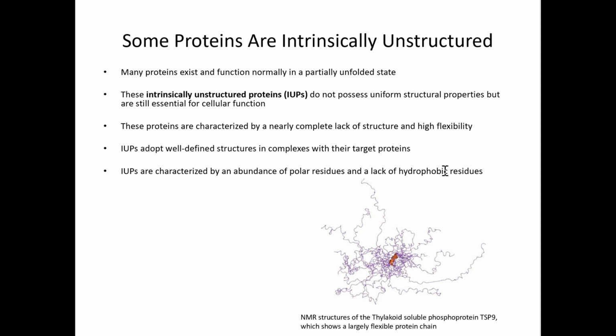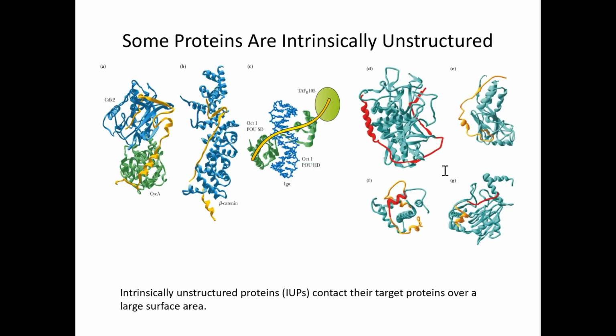And until they make contact with their substrate that they're designed to interact with, they don't get a defined structure. So what it looks like when that happens is like this, where the yellow strands are our intrinsically unstructured proteins, and you can see how they gain structure by interacting with different target proteins.